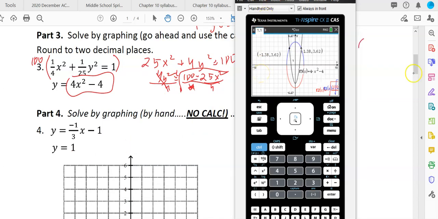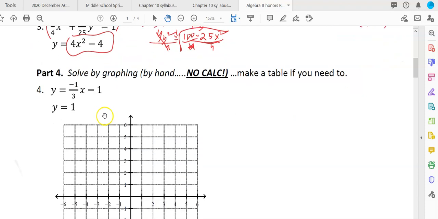So negative 1.38, comma 3.62, and positive 1.38. So those are your 2 solutions, approximately, using GraphCalc.